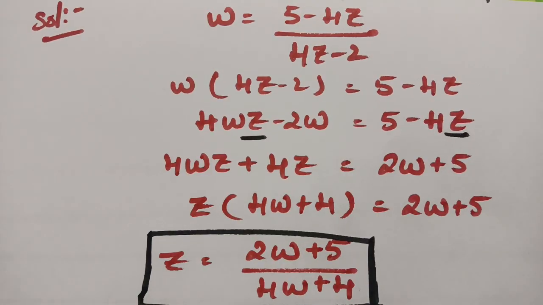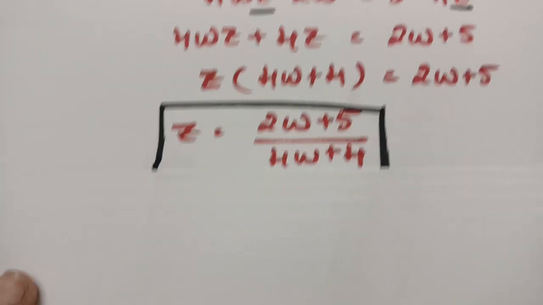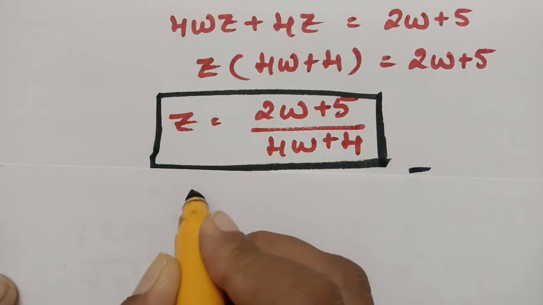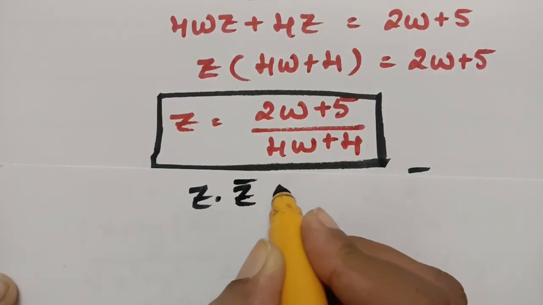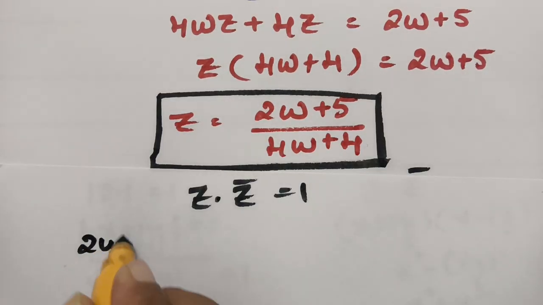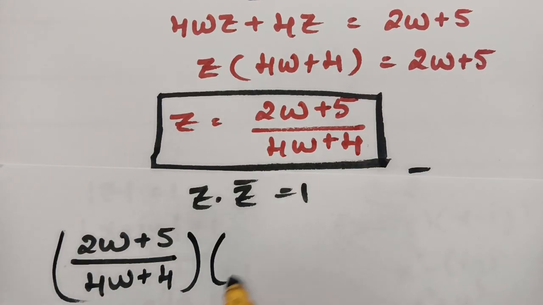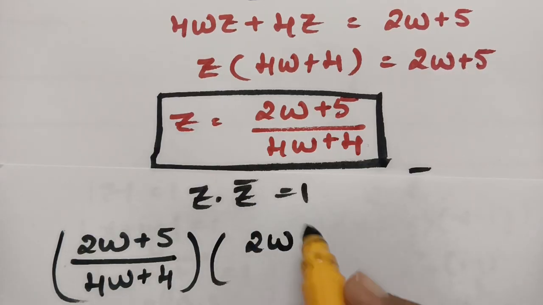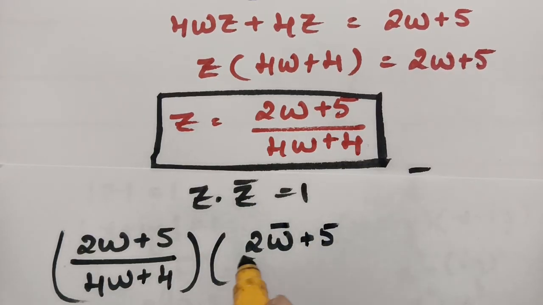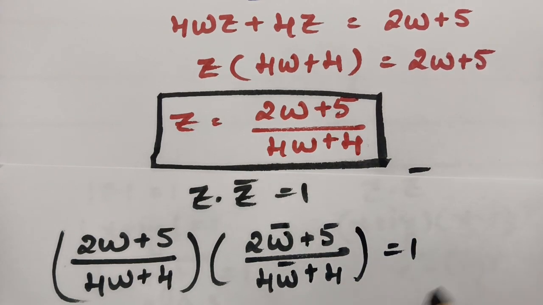So if I substitute that relation, z times z bar is equal to 1. What is our z value here? The z value is (2w + 5)/(4w + 4), times z bar, which is (2w bar + 5)/(4w bar + 4), equal to 1.